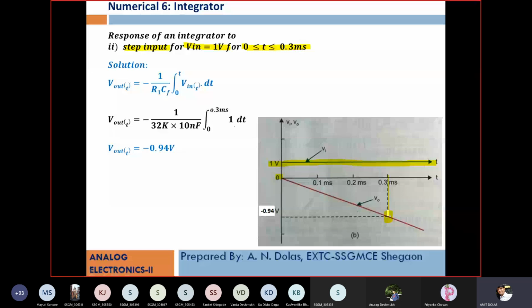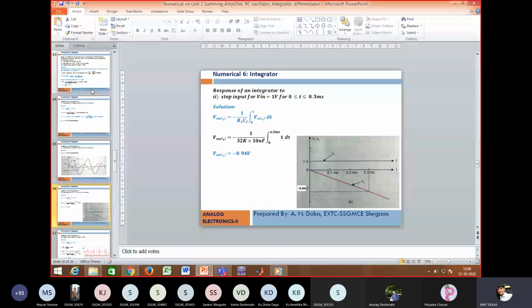Again, the output is equal to minus 1 upon R1 CF integral of 0 to t Vin dt. Putting values, what is the R1 value? R1 is 3.2K.